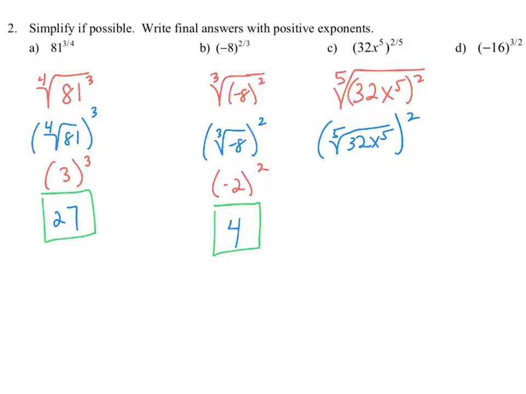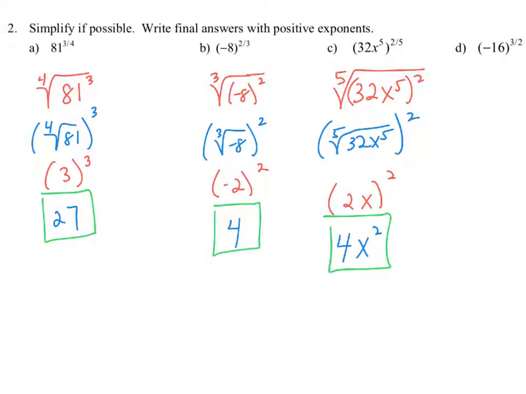And the fifth root of 32 is 2, because 2 to the fifth is 32. So this can be written as 2, and the fifth root of x to the fifth is x. Now we're going to take that quantity and raise it to the second power. 2 squared is 4, and x squared is x squared. So our final answer, in simplified form, is 4x squared.